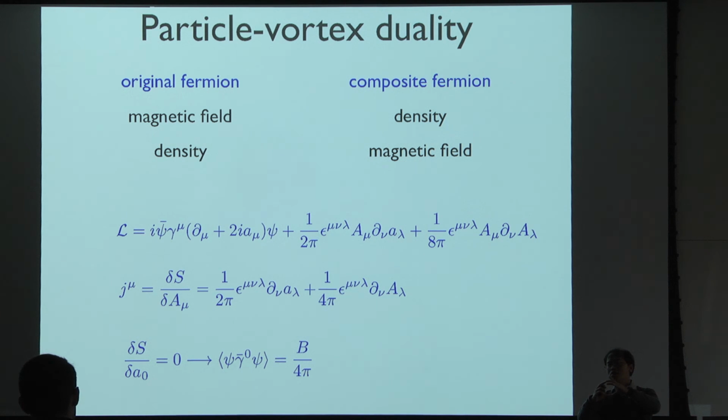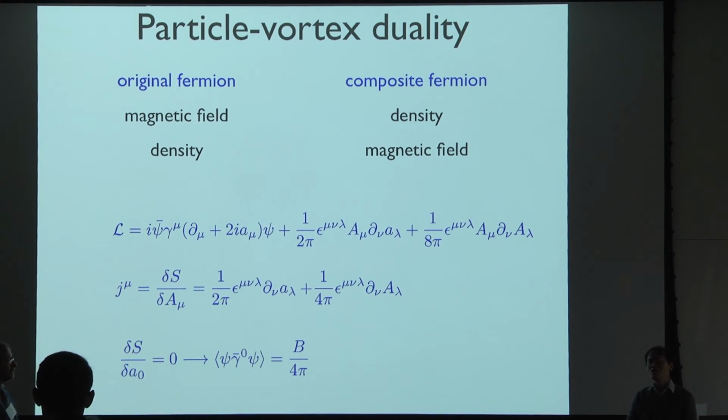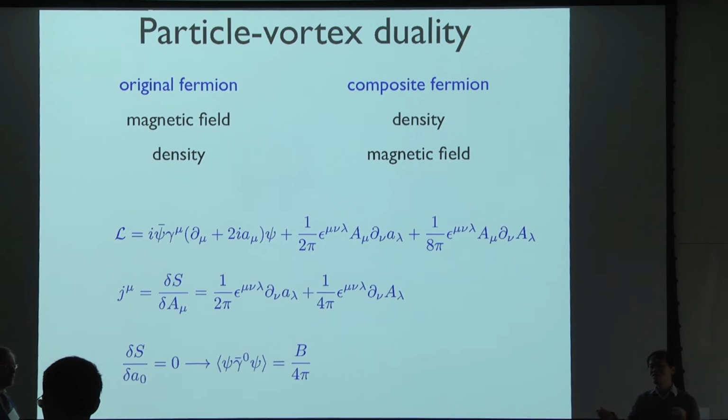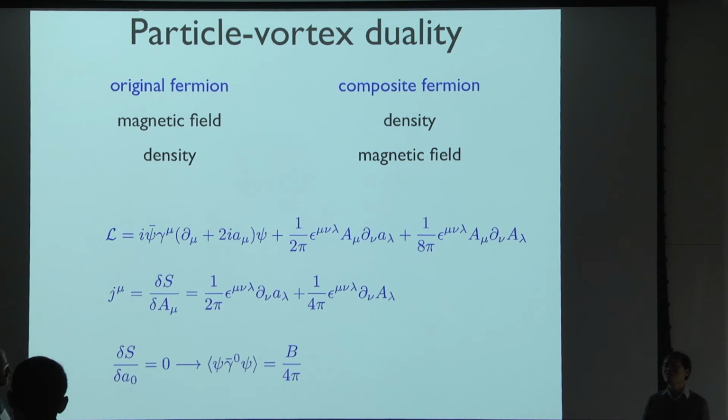For example, Polchinski and Shankar developed a renormalization group in which you have to increase the number of fermionic flavors when you go to the infrared. The number of patches on the Fermi surface increases in the infrared. But it is a theory which seems to be well defined. At least the object exists.